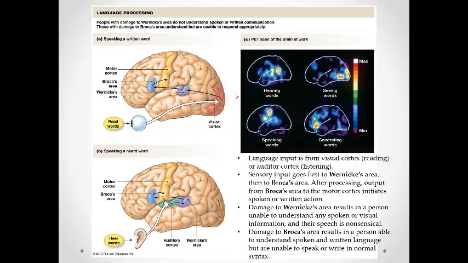If you have damage in the Broca's area, it means that the Wernicke is fine, so everything that comes in makes sense. But somebody that has a damaged Broca's area means that anything that they're speaking or writing is nonsensical, because the Broca's area is responsible for interpreting the information coming in and deciding what needs to be done with it, and deciding what words need to be spoken or written down.